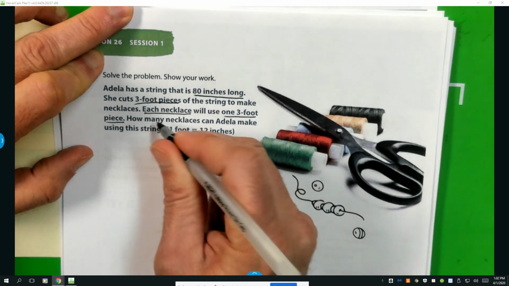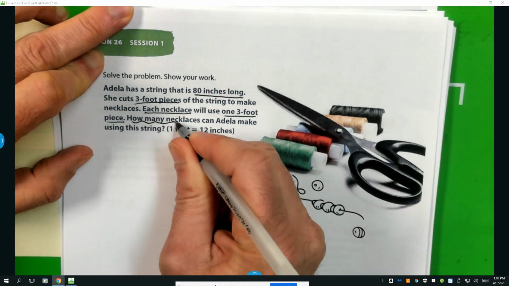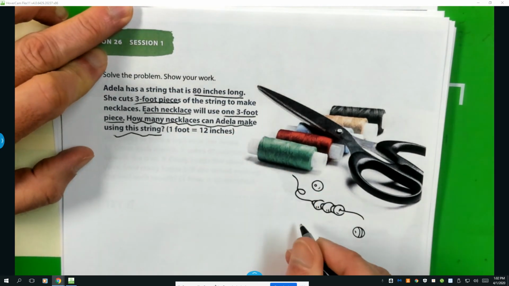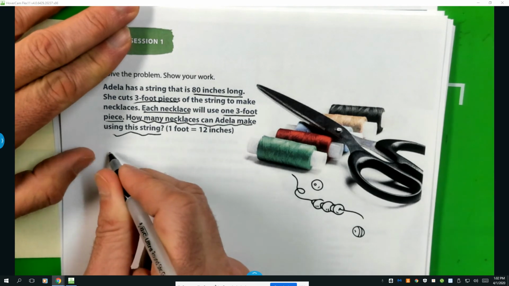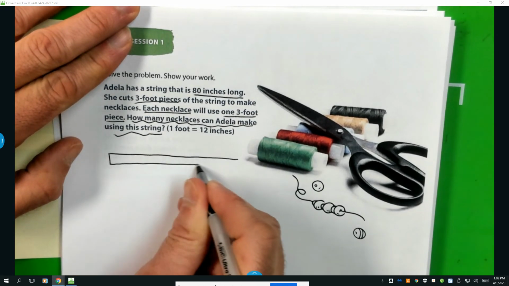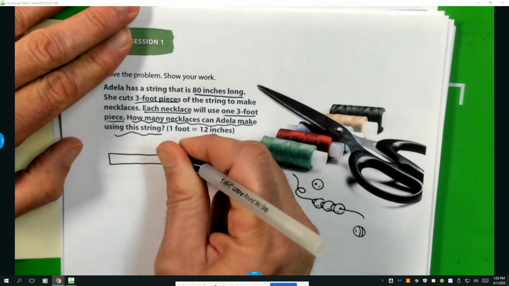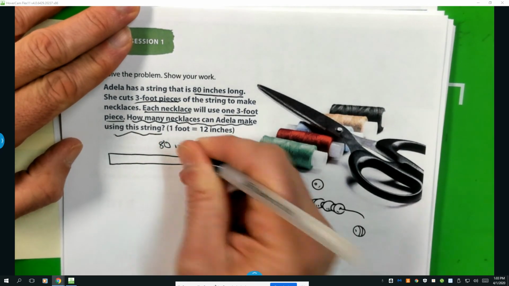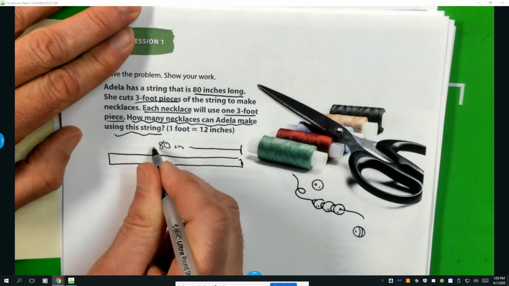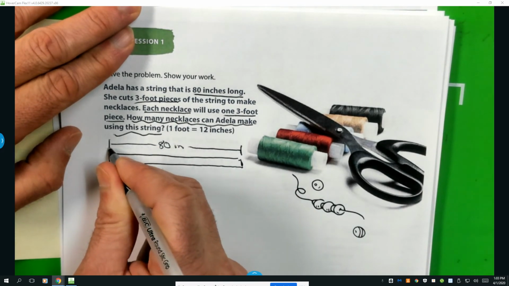How many necklaces can she make using this string? Okay, first of all, here's her long string. This is going to represent that. This is 80 inches. Okay, this is our model. So from here to here, we've got 80 inches.